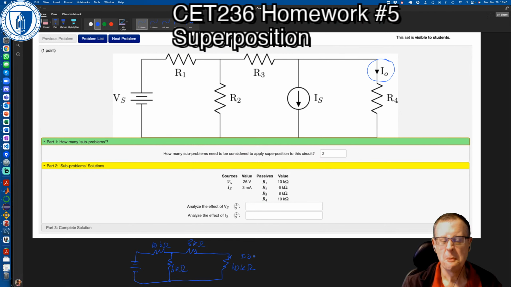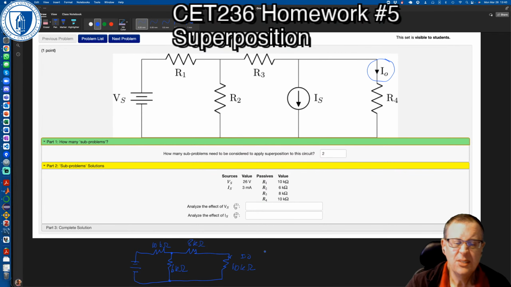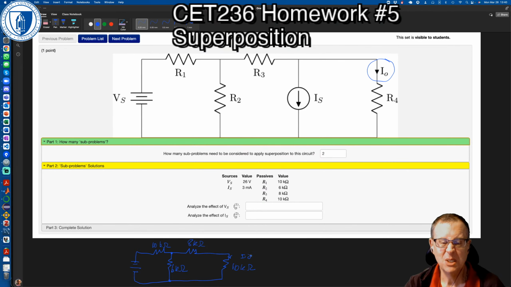Right, so how do we do this? Well, we could combine R2, R3 and R4 into a single equivalent resistance, figure out what the voltage at this point A is, the voltage between the 10, 8 and 6k resistors, and then we could figure out the current through the 8k and the 10k by that voltage.